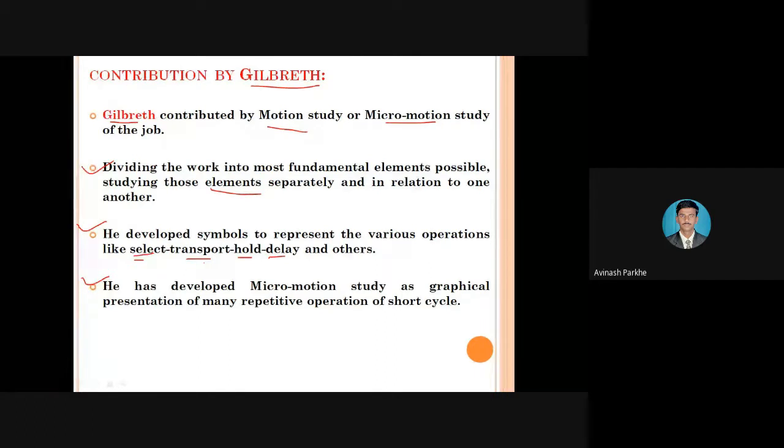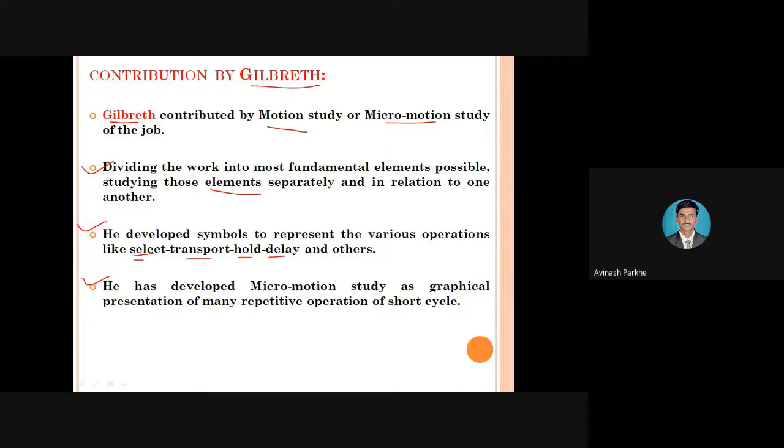So all the movements are represented in a symbolic manner, and at the end he focused on the repetitive operations in the short cycle. Those repetitive operations can be recorded and represented in a graphical manner, and at the end these repetitive operations can be eliminated and we can complete the job in the minimum amount of time.